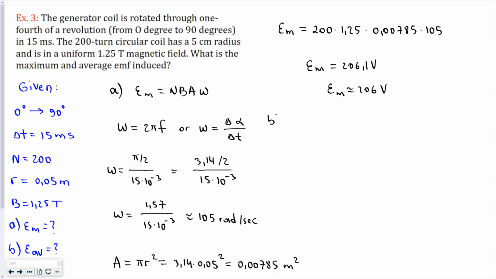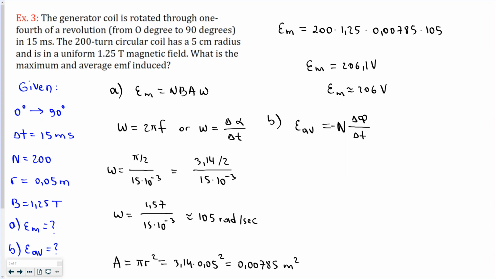Now the B part, how can we find the average? Note this: to find the maximum we used this equation, but to find an average we need an interval of time. So we can use Faraday's law of induction to find the average induced EMF.